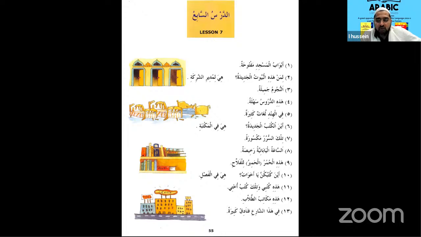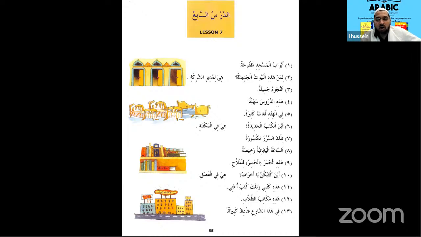Maftuhatun is being used because abwab is mudaf and al-masjid is mudaf ilayh. Babun is the singular, abwabun is the plural. And the ruling of abwab is that because it's treated as a singular feminine, that's the reason why the khabar comes maftuhatun.